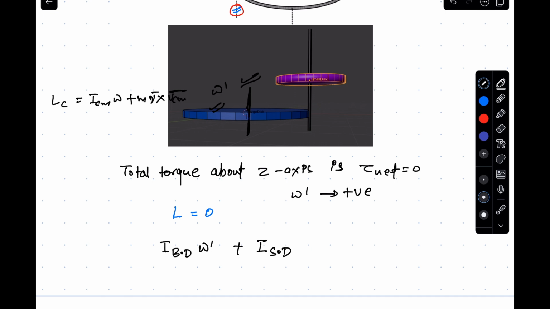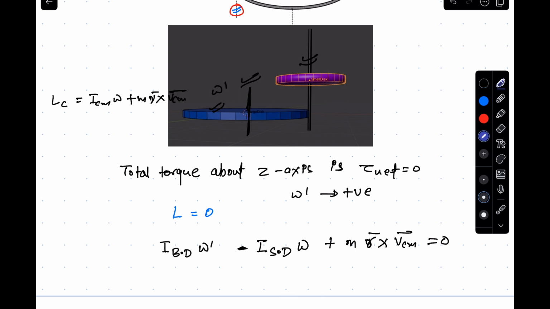Omega is omega, but that is in the opposite direction, that's why I need to put the minus sign. Because if you look from the top, this disk about its own axis is rotating in the clockwise direction. And then we have the positive term, m, the mass of this smaller disk, multiplied by r vector cross V_CM.